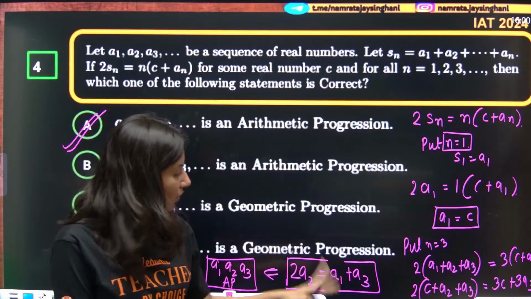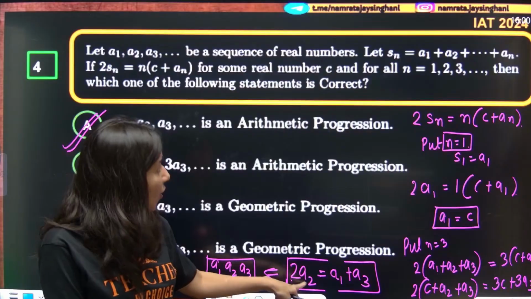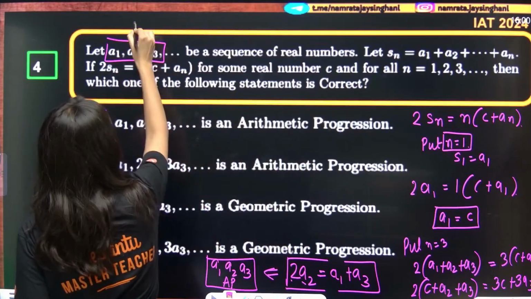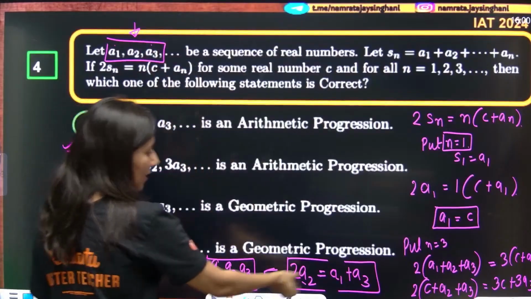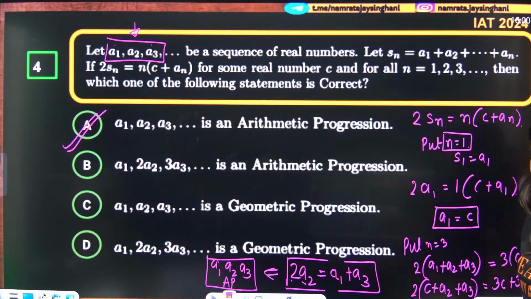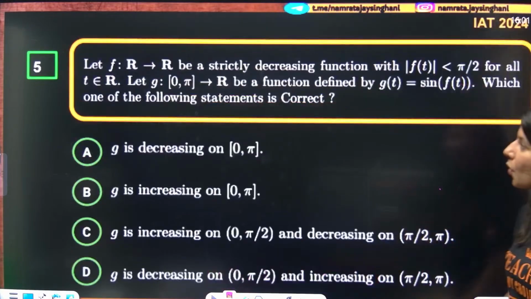Then n equal to 3, the moment we realize that this is the condition of AP. See, if A1, A2, A3 are in arithmetic progression, then twice of A2 is A1 plus A3. Can you see this is the condition already I am getting? That means this is an arithmetic progression. Got it, everybody? Chalo, let's move on to the next problem.